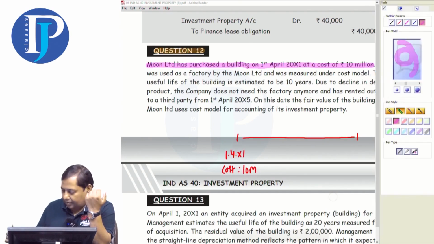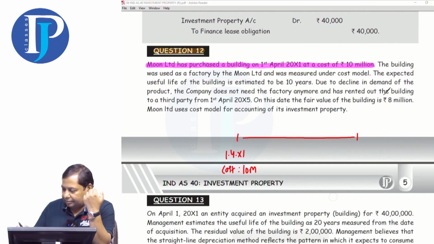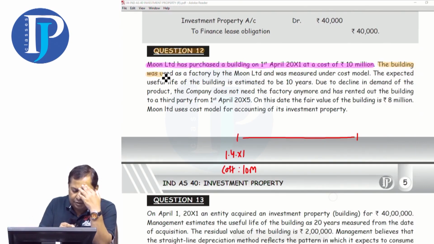I should read the question further. The building was used as a factory by Moon Limited and was measured under the cost model. Read it carefully. The building was used as the factory by the company under cost model. Factory.